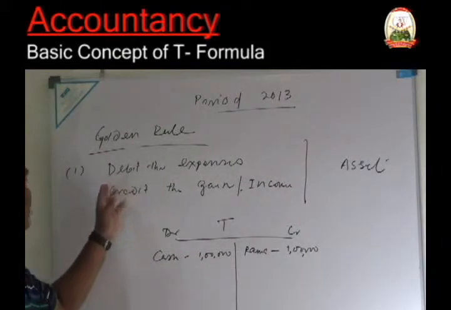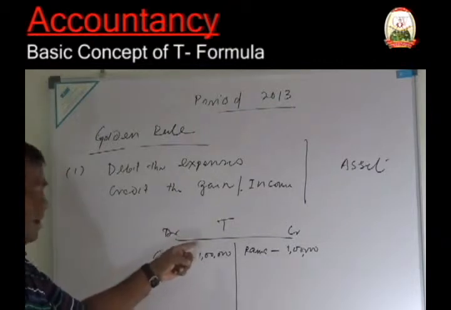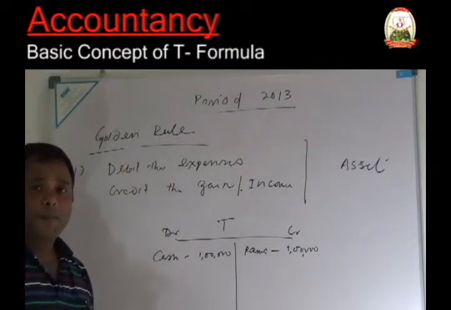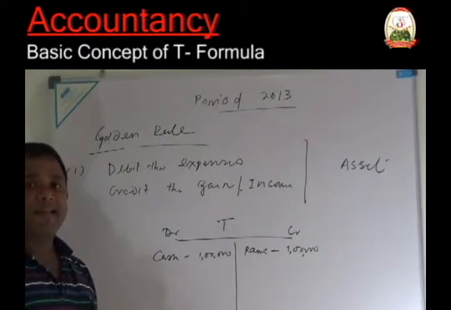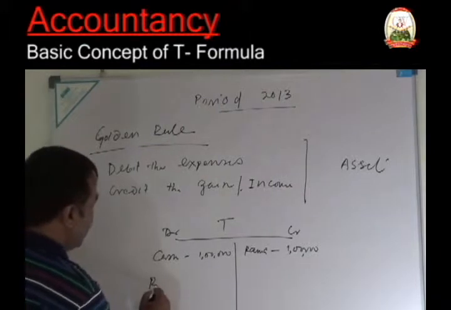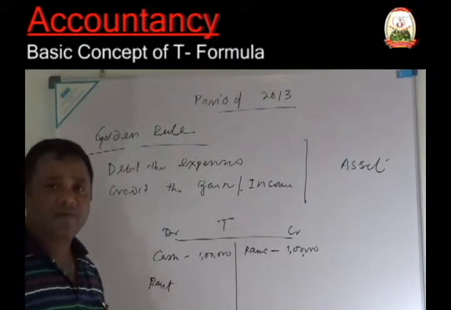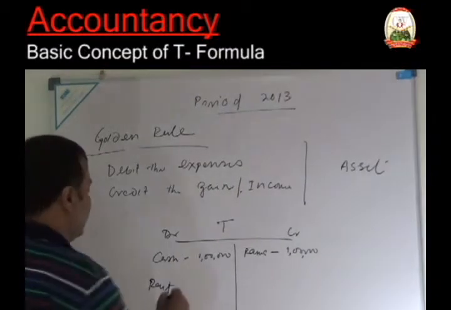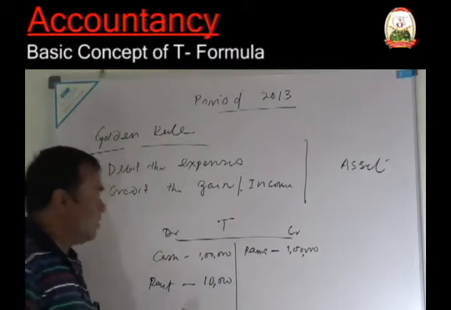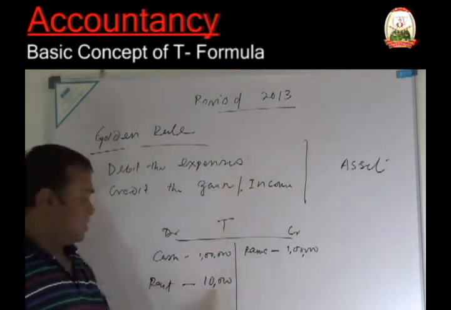Similarly, the second formula is debit the expenses and credit the gain or income. Suppose you paid rent rupees 10,000. In that case, what happened? Rent, you enjoyed the accommodation or space of your landlord, and the rent worth 10,000 you enjoyed. That means you enjoyed the expenses.